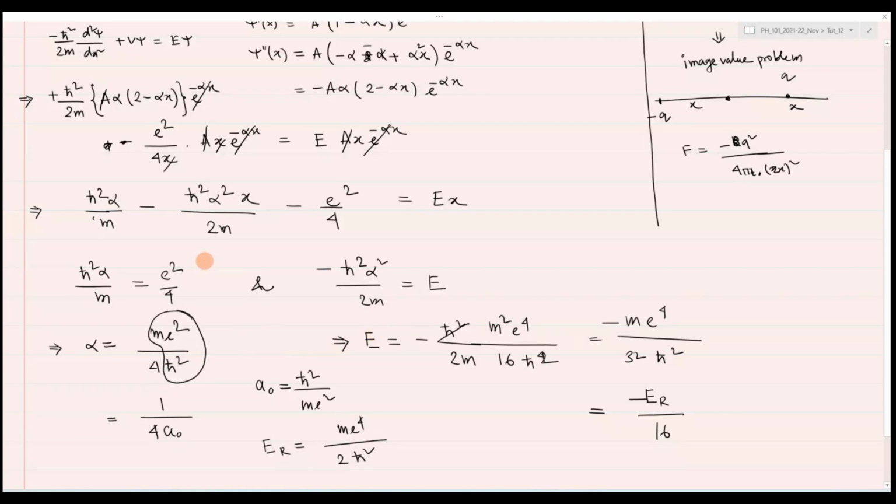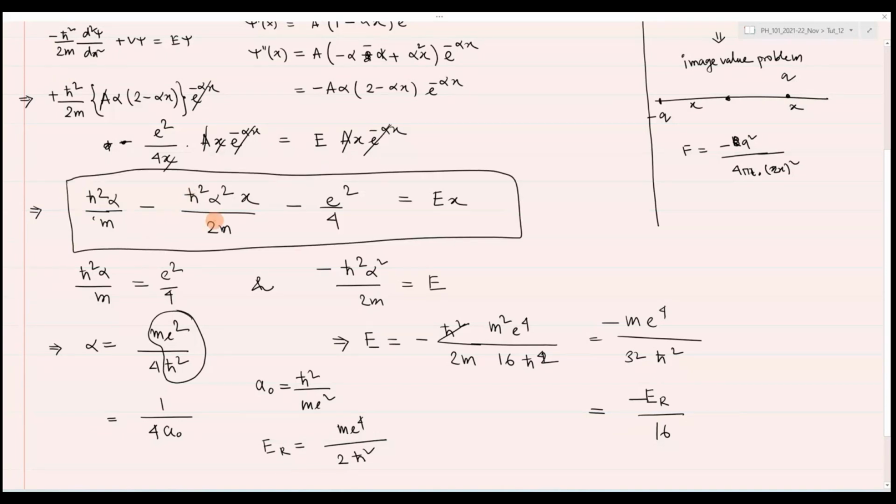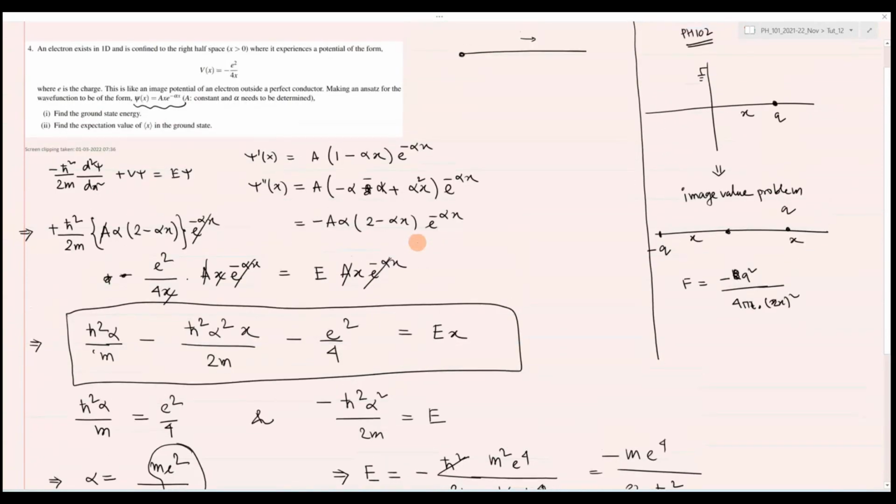No. So basically, this equation will hold for any x, right? Yes, I am saying that since h square alpha by m and e square by 4 is eliminated. Actually, the particle should not necessarily be at x equal to 0. It can be anywhere in this region.